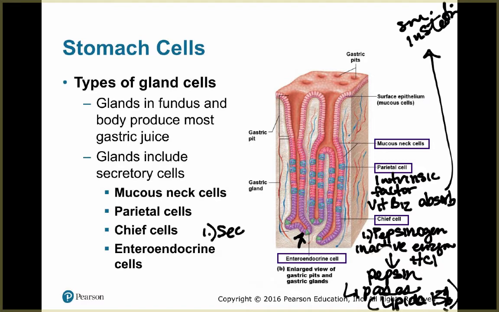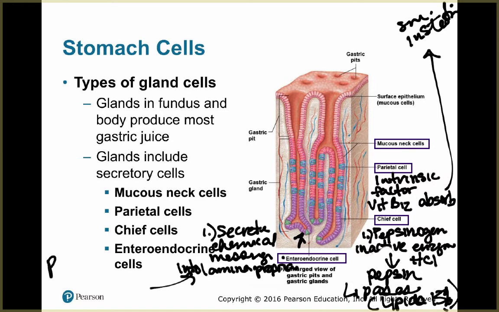They secrete chemical messengers into the lamina propria, right? So they act as these things called paracrine cells. If you remember in part 1, we talked about these. These act on nearby cells, right?